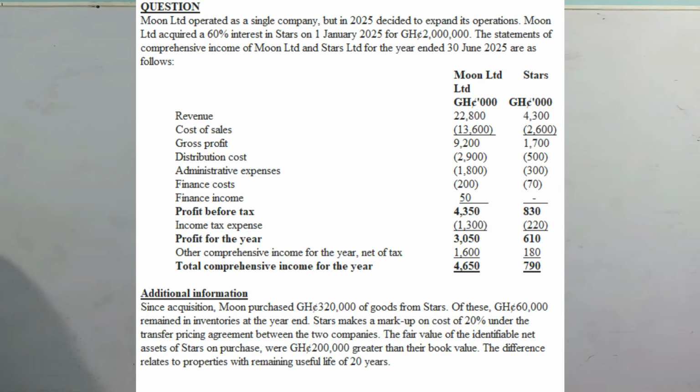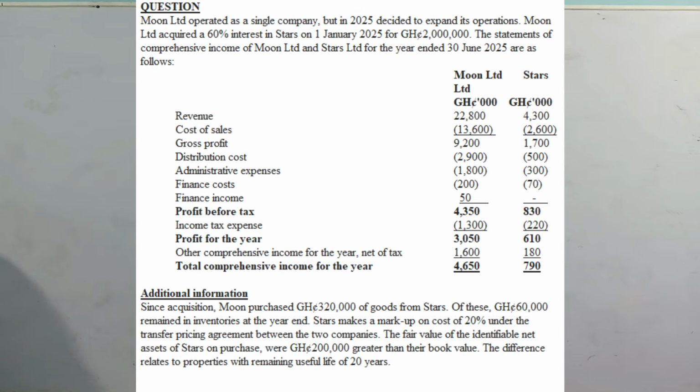The statements of comprehensive income of Moon Limited and Stars Limited for the year ended 30th of June 2025 are as follows. So just take note that the accounting year ends in June 2025, but the purchase was made on 1st January 2025. So please take note.